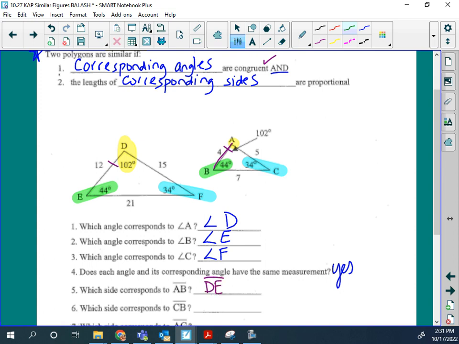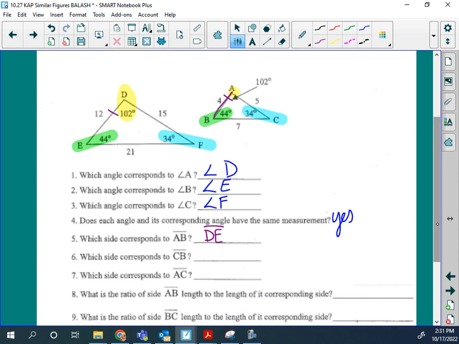All right? Which side corresponds to CD? CD is this one down here that's located between the green and the blue. So that would be EF. And then AC, I could put 3 marks or I could leave it blank, would correspond to DF.